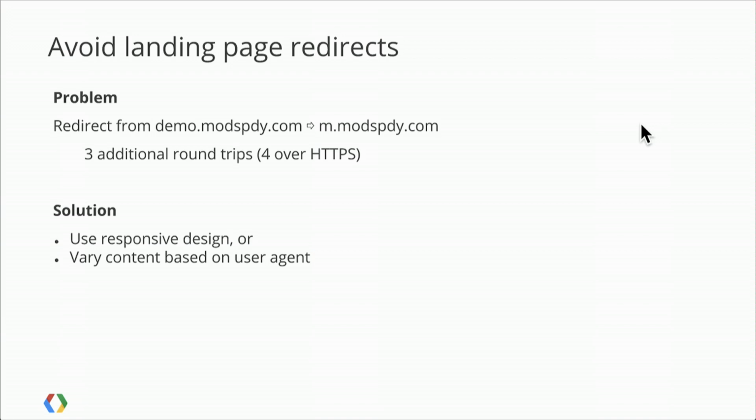But if you've got an existing mobile website and desktop website, and you're trying to figure out how to move from having this redirect to not, then you want to vary the HTML content that you serve to your users based on the user agent coming in at the web server. If you're getting a request from a mobile user agent, you serve the mobile HTML directly. And if you get a request from a desktop user agent, you serve the desktop HTML to them as well.